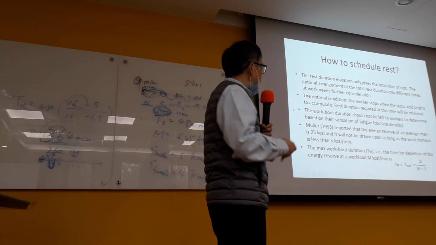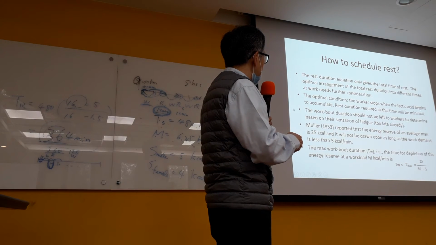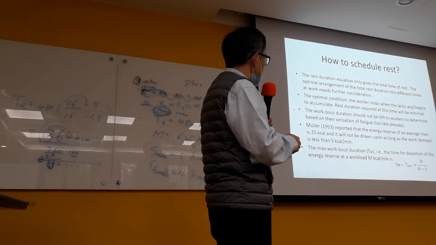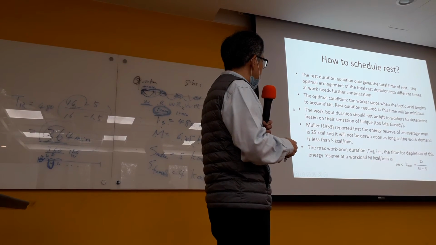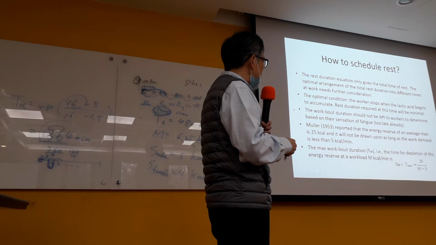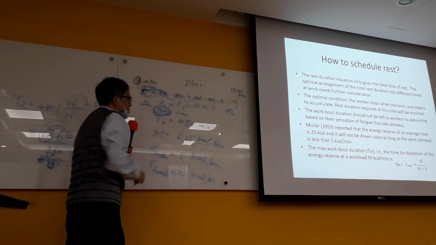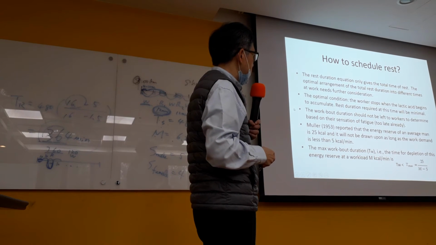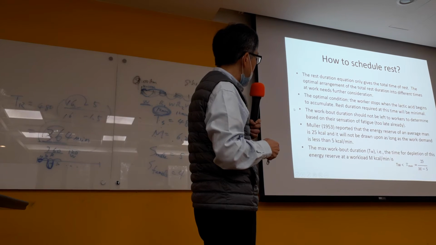Okay, there are other further considerations. This one is a good one. TW is the maximum work bout duration, the maximum time allowed to work so as not to cause problems.